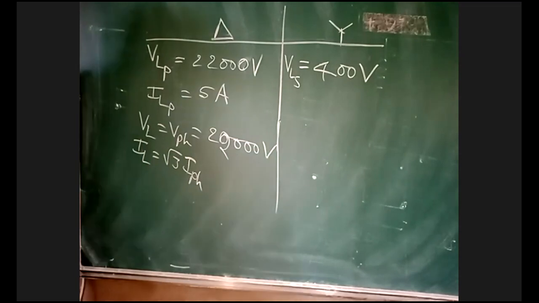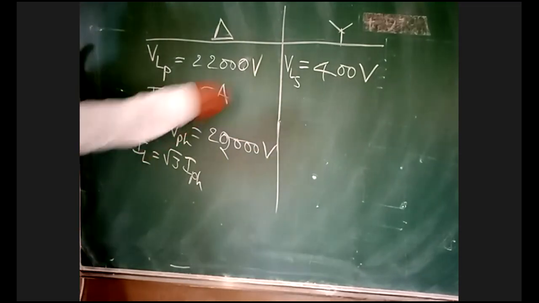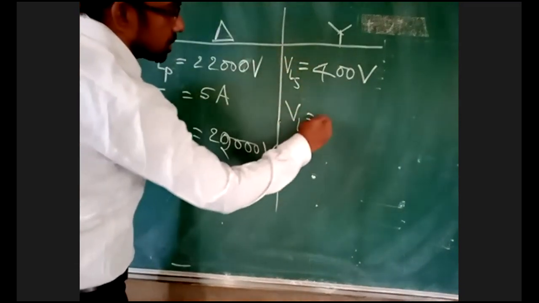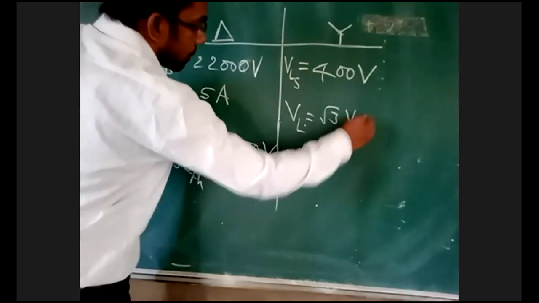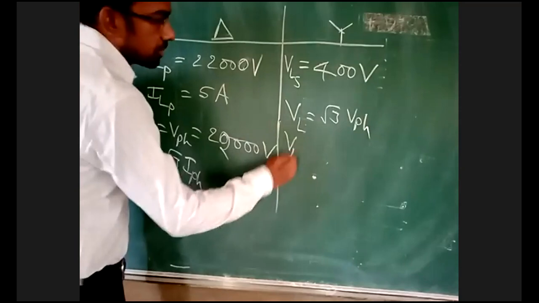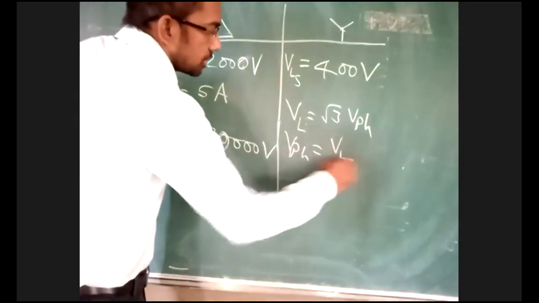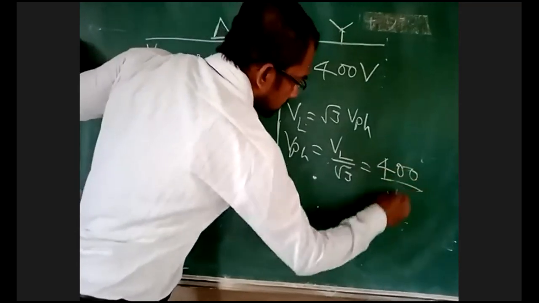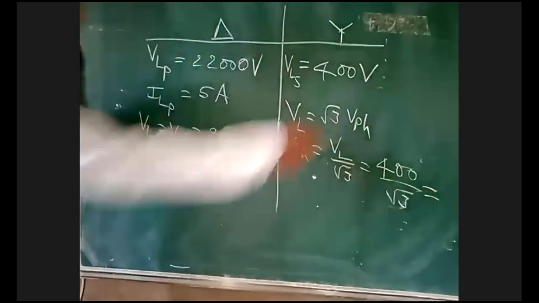But in the star connection, VL is equal to root 3 into V phase. Therefore, V phase is equal to VL by root 3, that is 400 by root 3. What is the value of 400 by root 3?